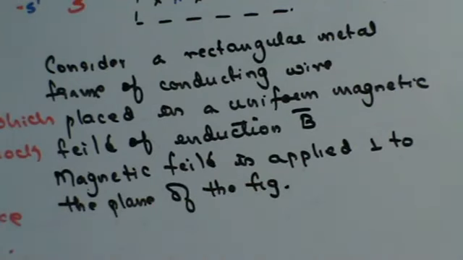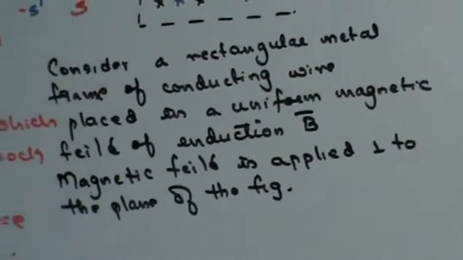Do we get this thing here? Perpendicular to the plane of the figure. Now, let's assume that the frame is pulled towards the left. That is the movement of the frame towards the left.